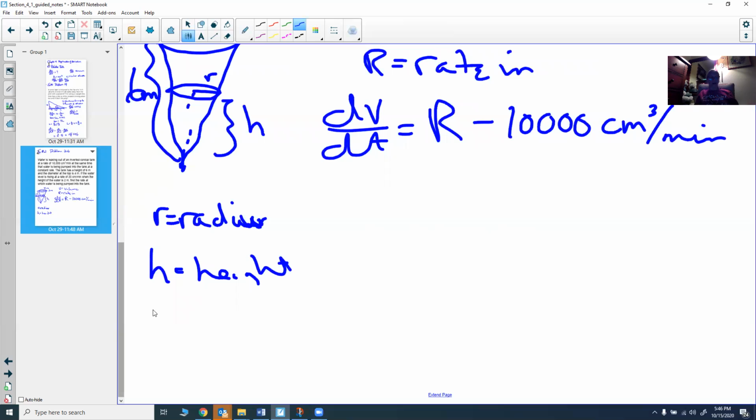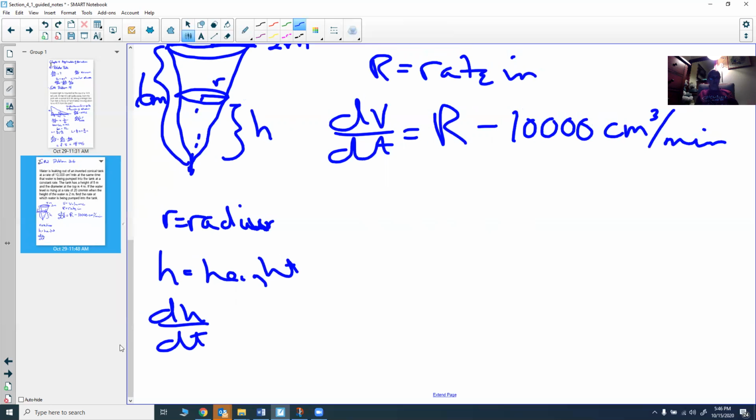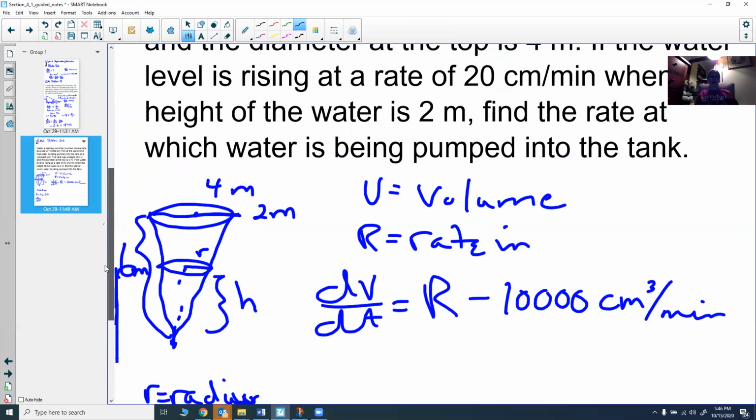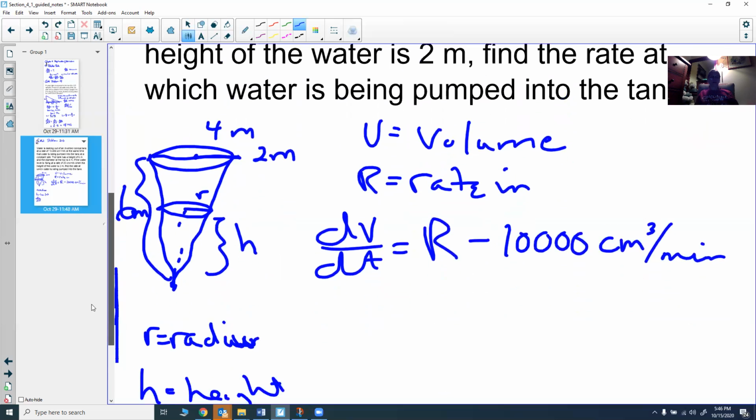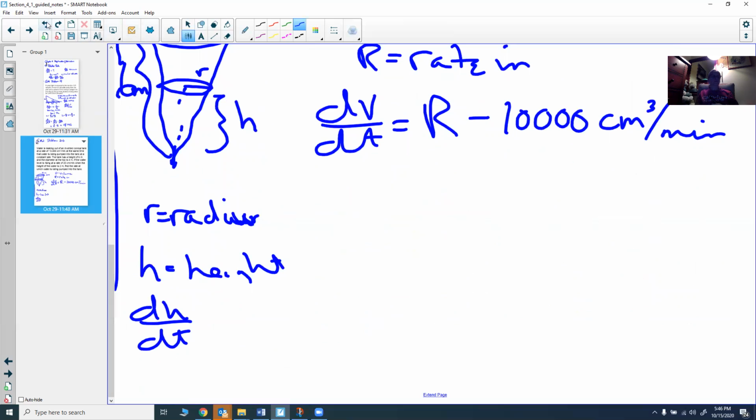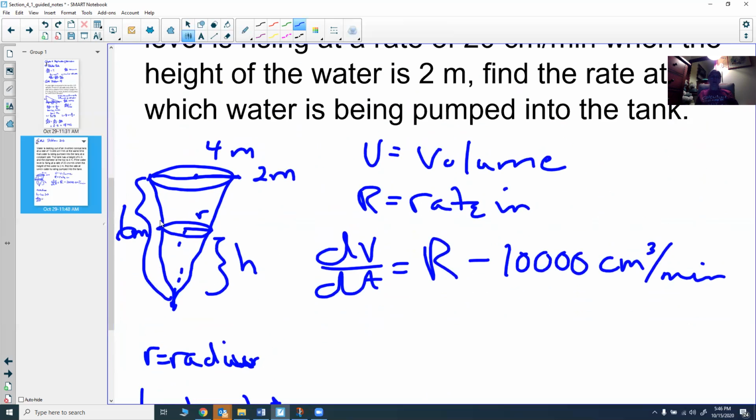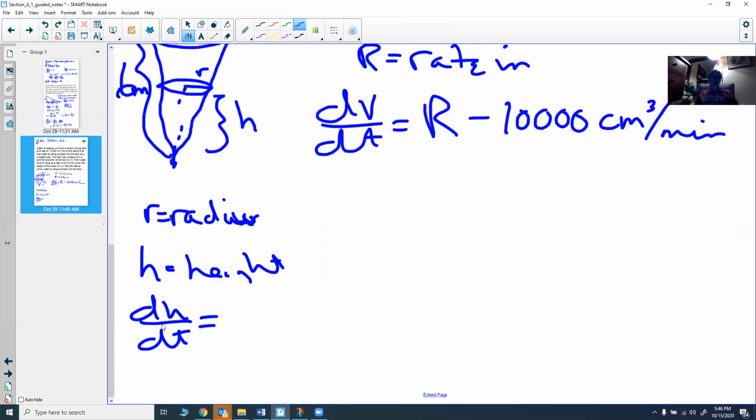And we know how fast the height is changing. Again, back up here, the height is changing at a rate of 20 centimeters per minute. So we know that when the height is 2 meters, we know that this is changing at 20 centimeters per minute.